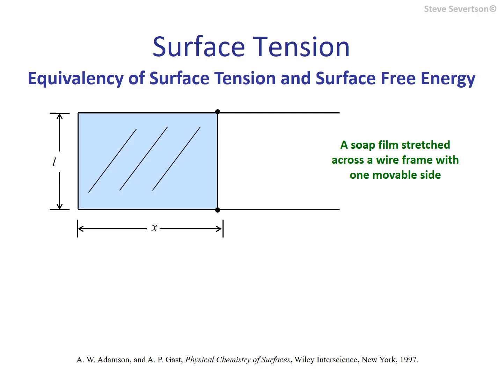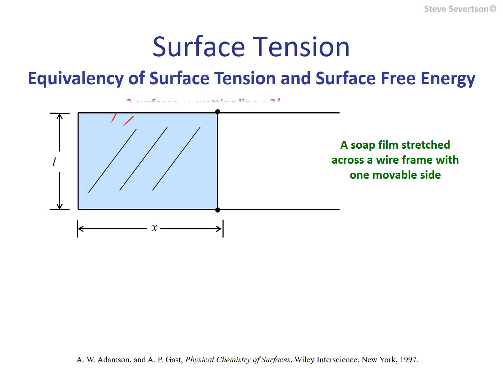To demonstrate the equivalence between surface tension and surface free energy, we return to the soap film, which is stretched across a wire frame of dimensions L by X, with one edge of the frame being movable. Surfaces will minimize their areas spontaneously, so a force must be applied to the wireframe's movable edge to prevent it from contracting.